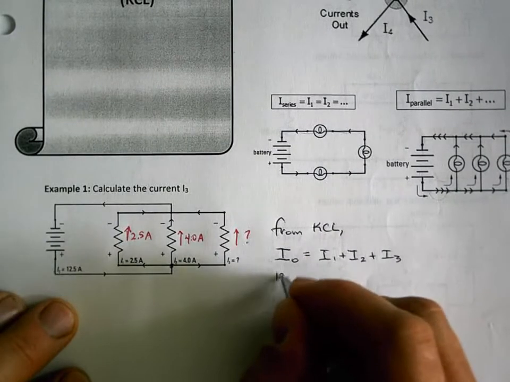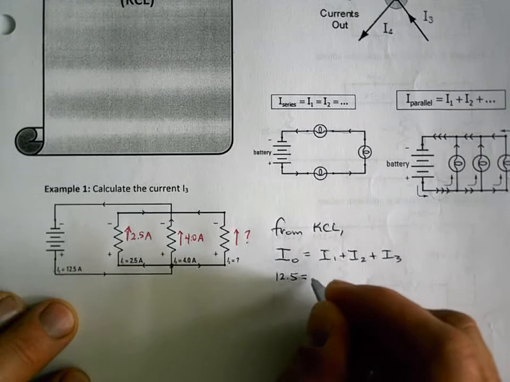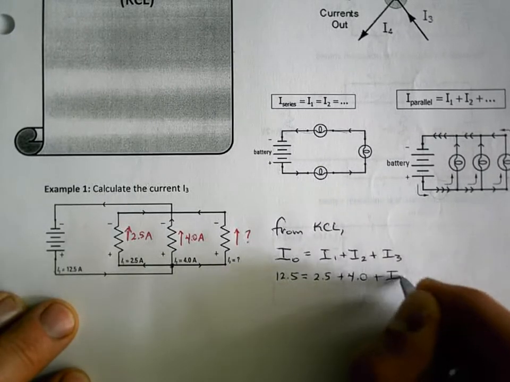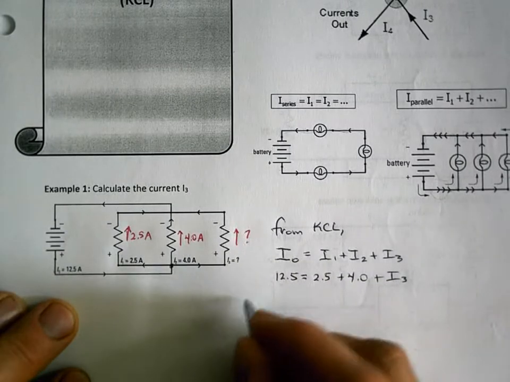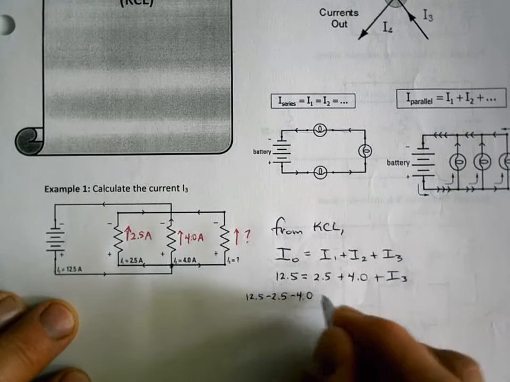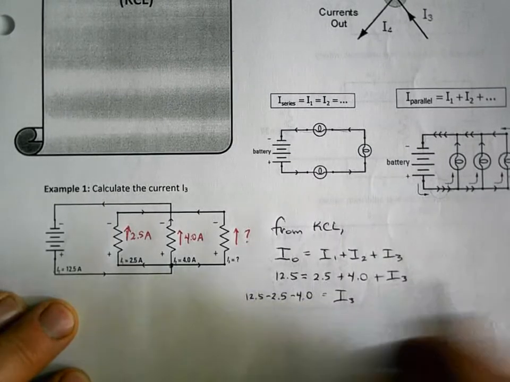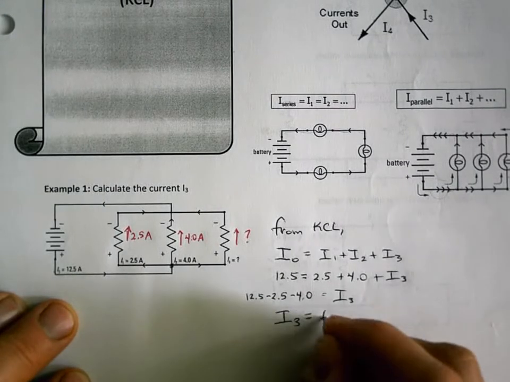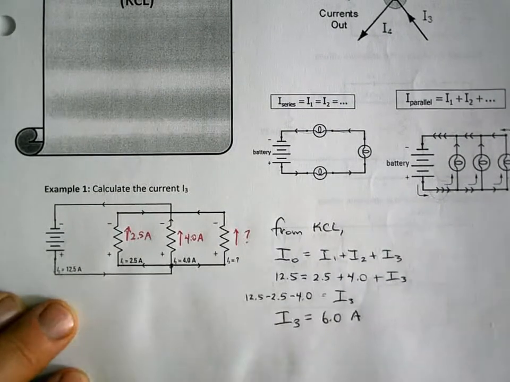Now I can fill in my blanks. 12.5 is equal to 2.5 plus 4.0 plus I3. This gives me 12.5 minus 2.5 minus 4 is equal to I3. So I get I3 is equal to 6.0 amps.